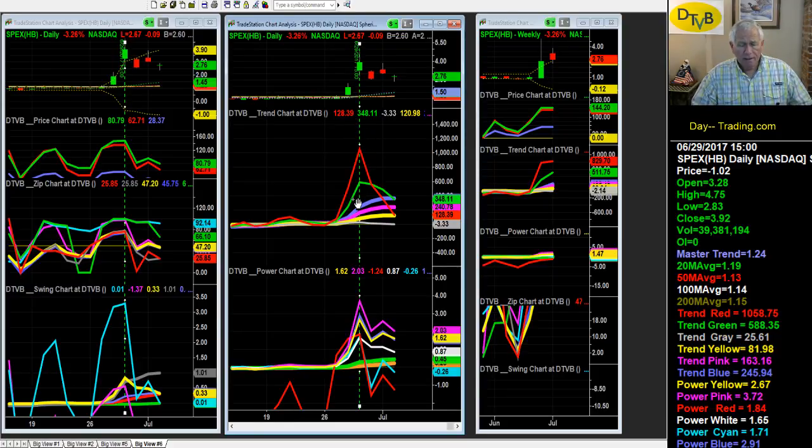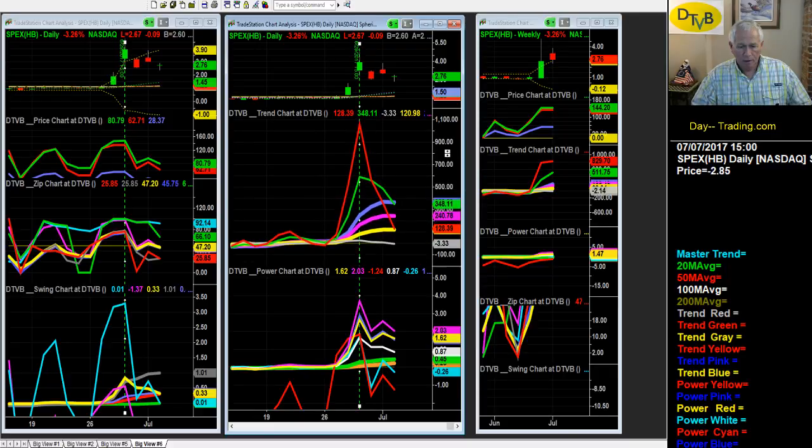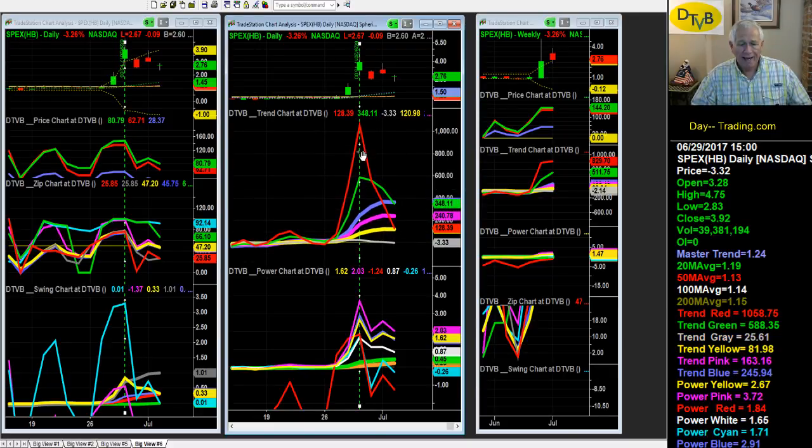I'll start in the trend chart and give you an example of how we look at things, and it's all relative to a percentage. Now, for example, we have trend red at 1,058 on this day, closing on this day. Trend blue is at 245. So you are about, if it was 250, there's about 750 points.